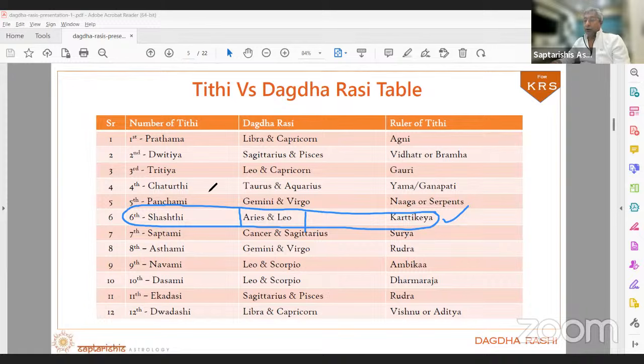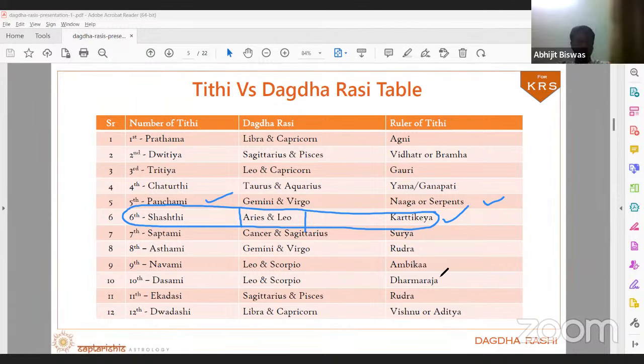For example, you are born on Panchami Tithi. Then you need to love and respect serpents. You can't kill serpents, etc. Are people able to understand? Yes, sir.